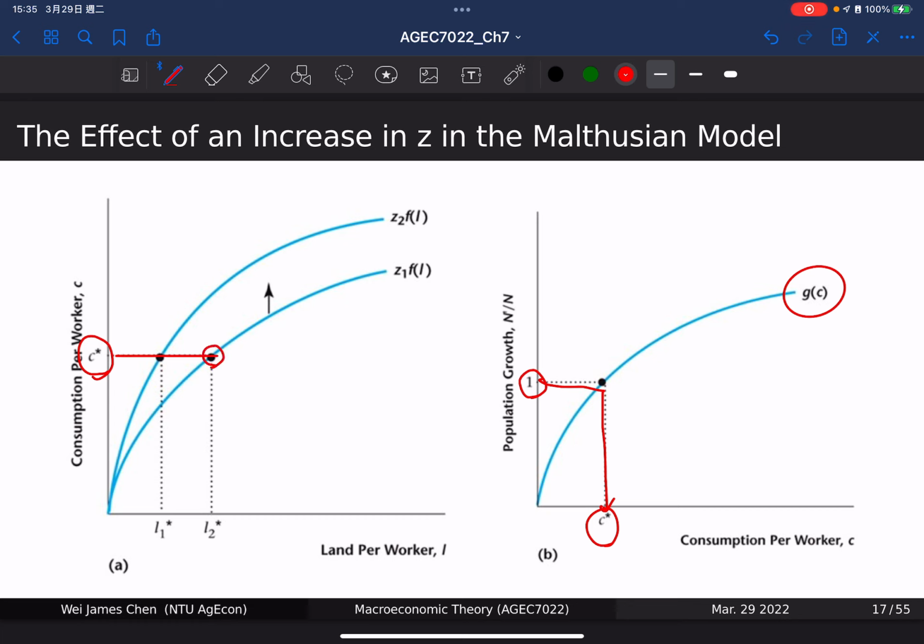This is the original total factor productivity level, Z1, corresponding to the production function corresponding to that Z1. So actually this is a typo. It should be 1 and 2 here.